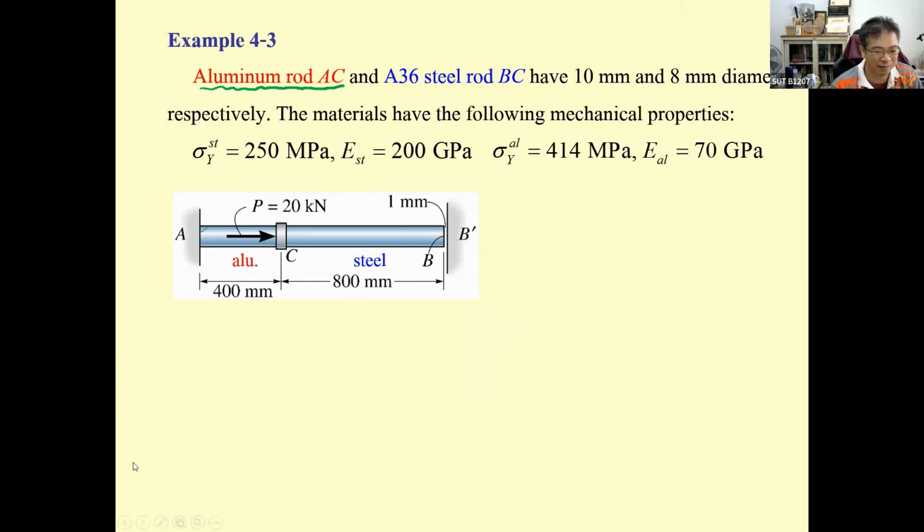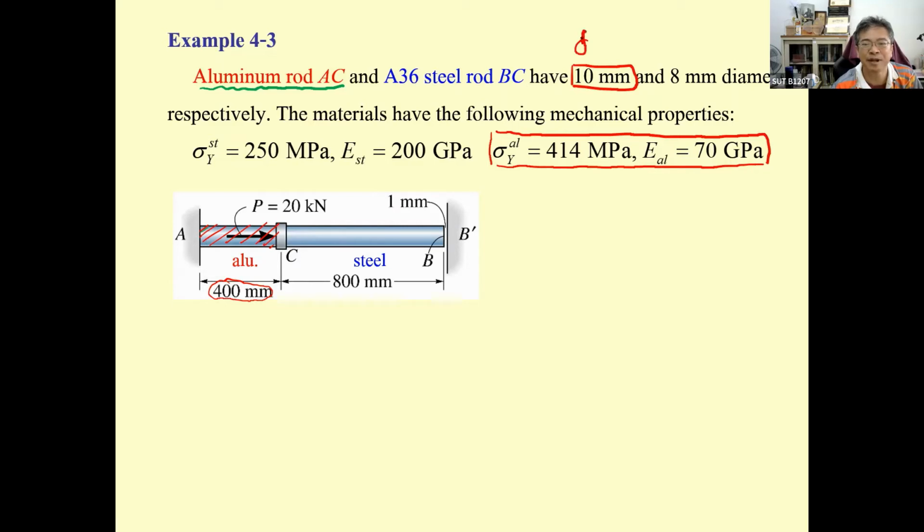The AB, let me put it in red, is going to be made of aluminum, and it has 400 millimeter length, and then the yielding stress and the modulus of elasticity of the aluminum are here. Okay, and it also has a 10 millimeter diameter, or you may write D sub AC equal to 10 millimeter.